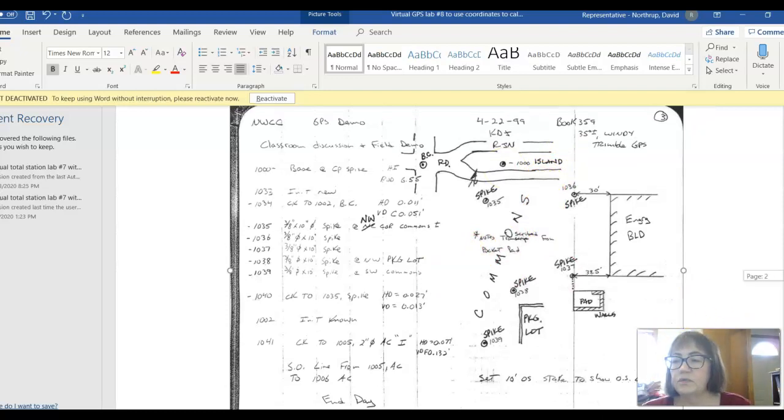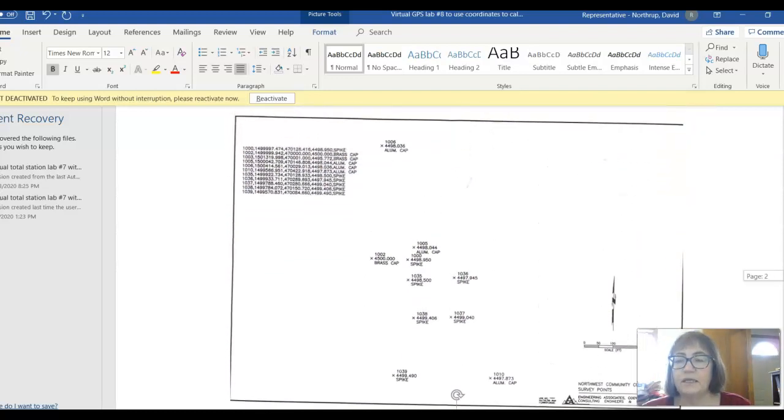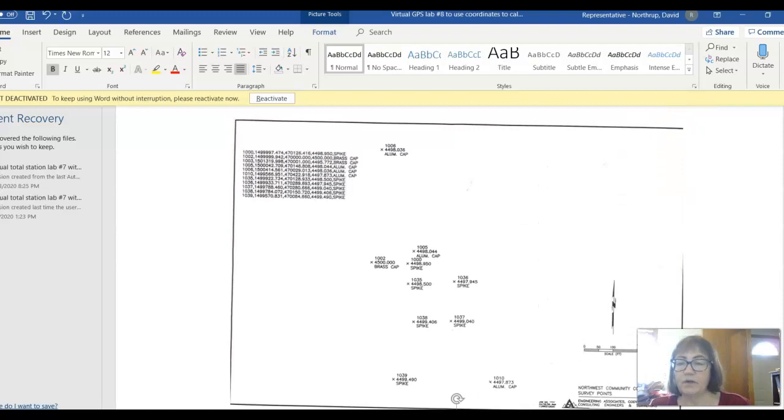What we're going to do this week, if we had the surveyor come out and work with us, is we would have found these caps using GPS. One of the things that's really neat about GPS is it is so much easier to find these points using GPS than it is using a total station.